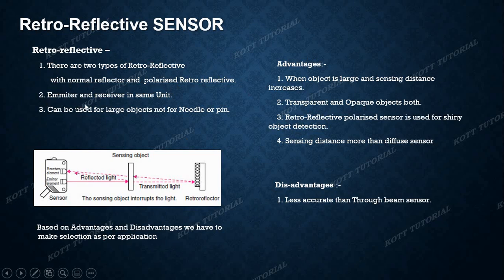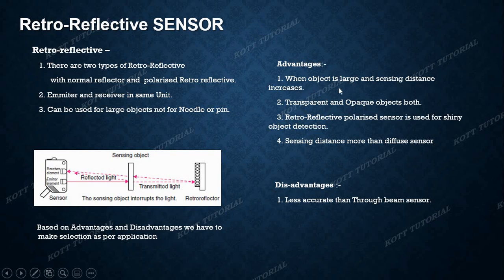In this retroreflective sensor also, the emitter and the receiver are in the same unit. It can be used for large objects, but we cannot use it for needles, pins or any small kind of objects. Now what are the advantages and the disadvantages? See, this type of sensor can be used for large object detection.